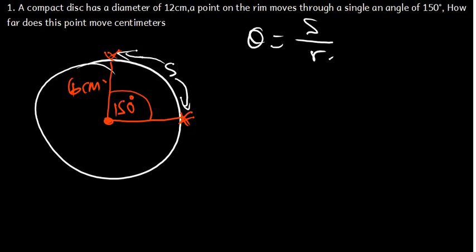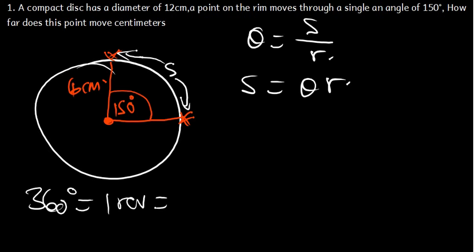Our goal is to find the arc length. We can see that the arc length is going to be theta times the radius. Now we have the theta in degrees. Remember to convert this always into rad. So we said 360 degrees is equal to 1 revolution. At the same time, it is equal to 2 pi rad.